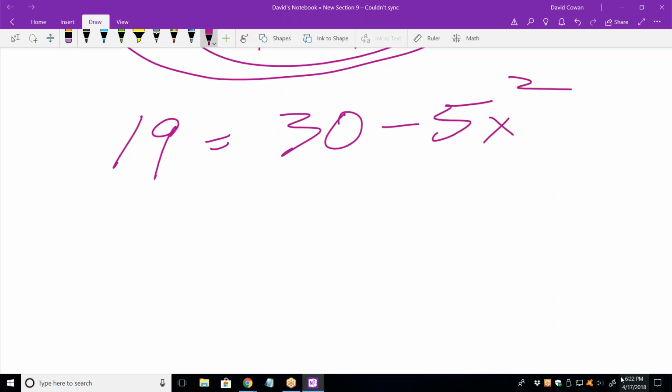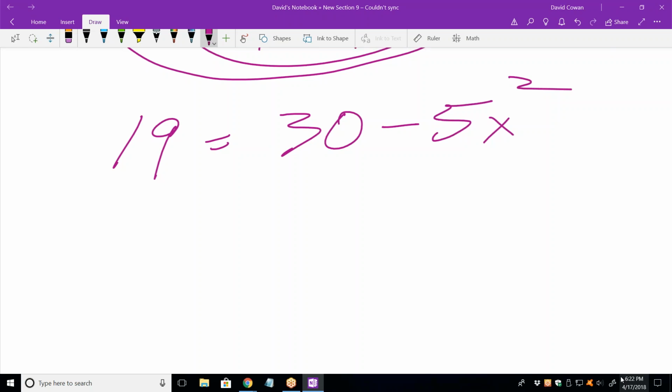Well, more generally speaking, my next goal is to get everything with x on one side of the equation and every number on the other. Which side do I want to put the x's on? The right side or the left?